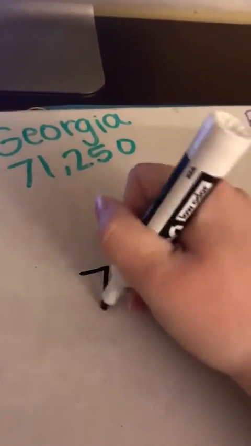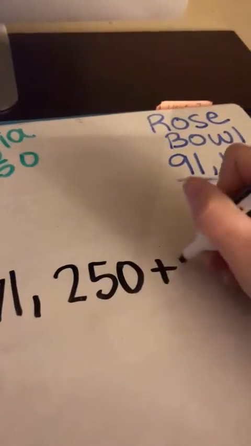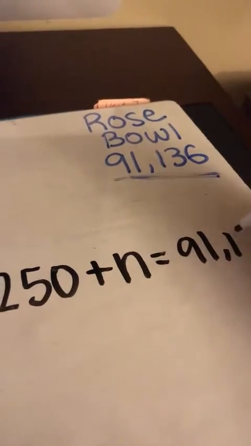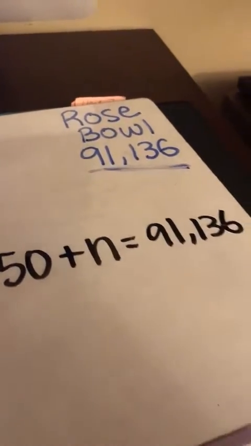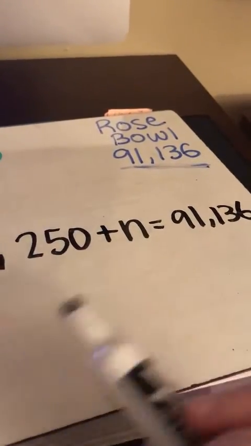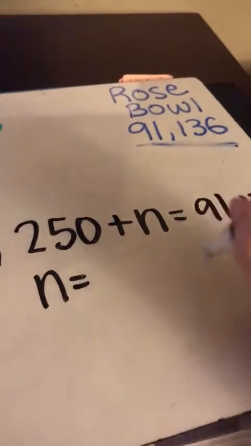So we start with how many were in the Georgia Stadium, and we want to know how many more to get to Rose Bowl. So this would be a way to write an addition equation. That's like our situation equation. We want to find out how many more there are. So then n would equal that number that we found, 19,886.